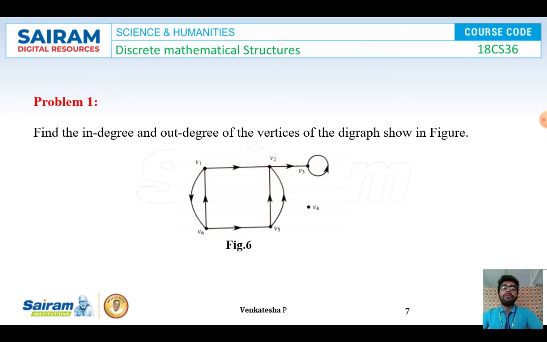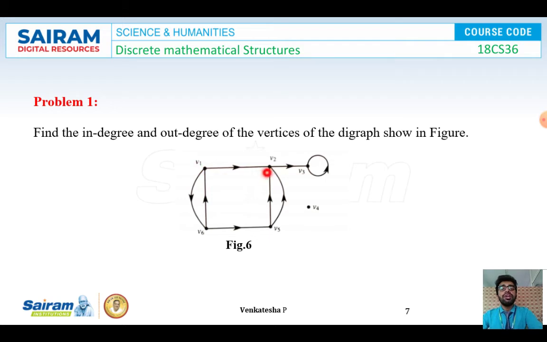Now I will tell about the in degrees and out degrees of each vertex. At v1 we can see only one incoming edge, so the in degree is equal to 1, and 2 edges are moving from the vertex v1, so we have 2 out degrees at v1.